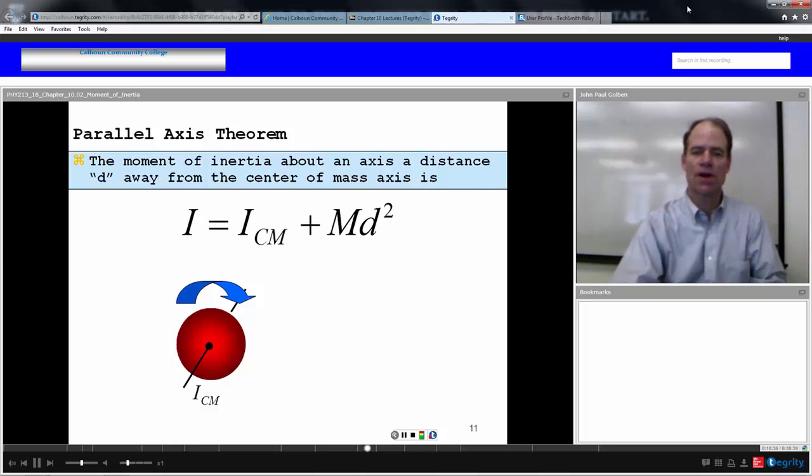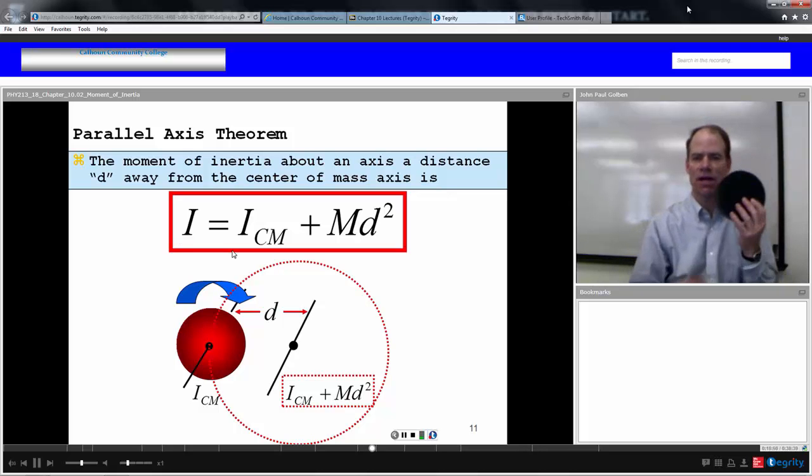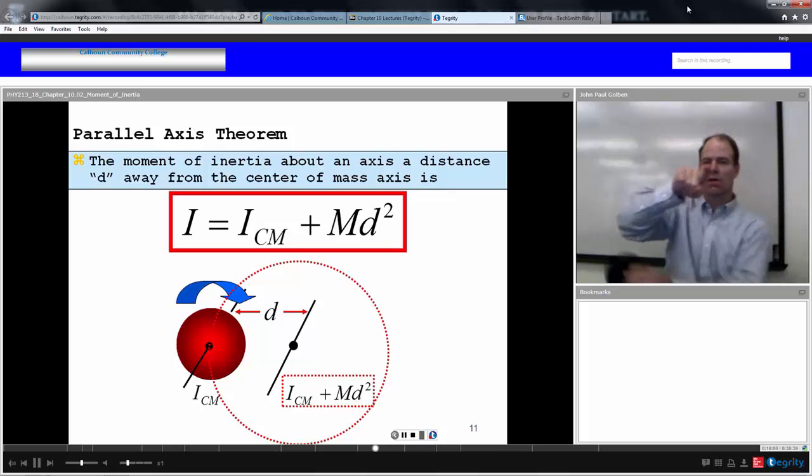We describe this by what we call the parallel axis theorem. The moment of inertia of this object, a distance d away from an axis, so we're going around this circle like this, is equal to the moment of inertia of the object about its center of mass, which is part of that table that we just showed, plus md squared, where d is the distance that we move the axis over like this.